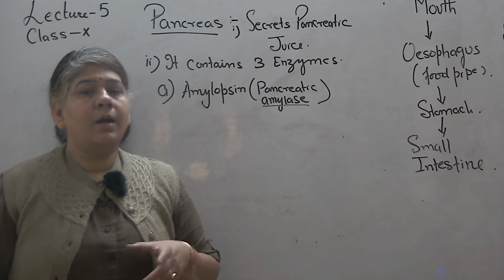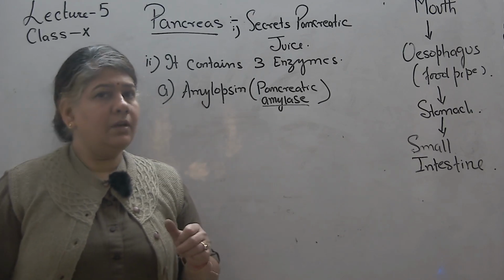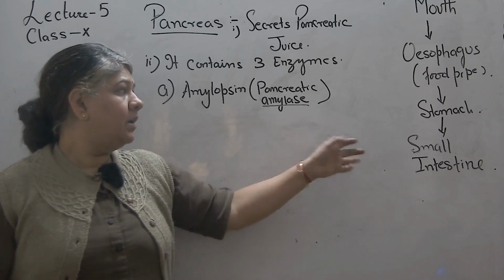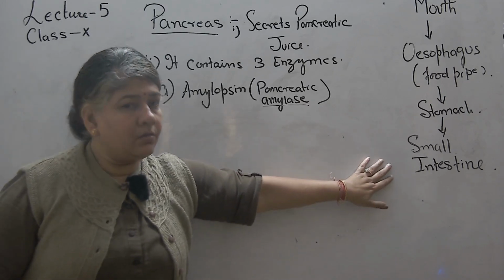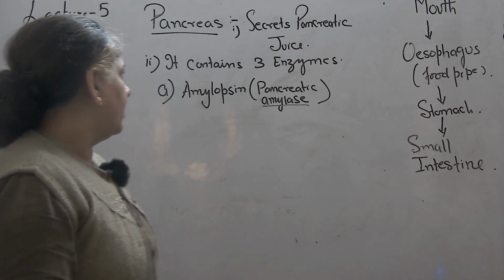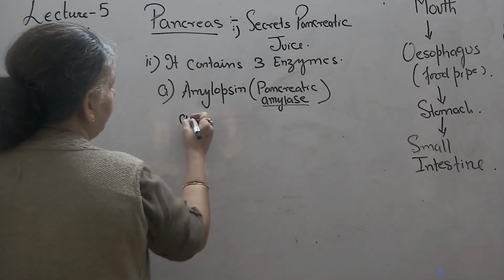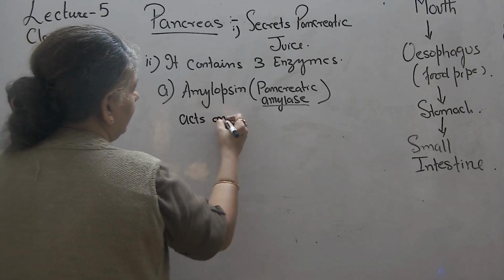So all of the carbohydrate is not digested in the mouth. Whatever carbohydrate remains will now be taken care of in the small intestine. So this amylopsin acts on carbohydrates.